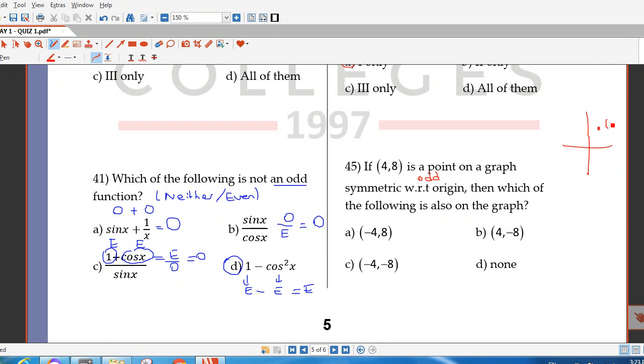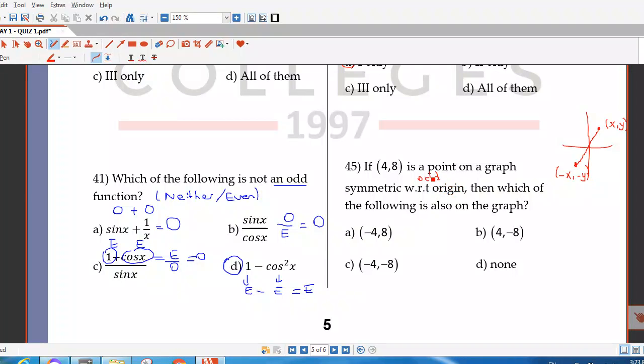Any point can be chosen as x and y. And if I am talking about symmetry with respect to origin, I imply this point. Since I am coming to the third quadrant, I should change the sign of both components.